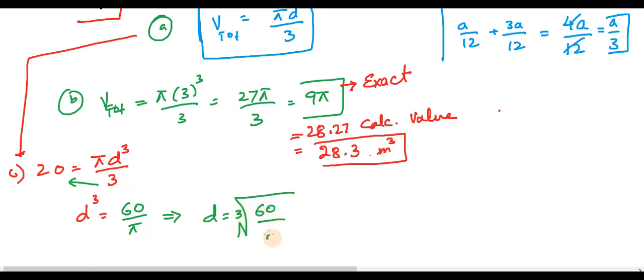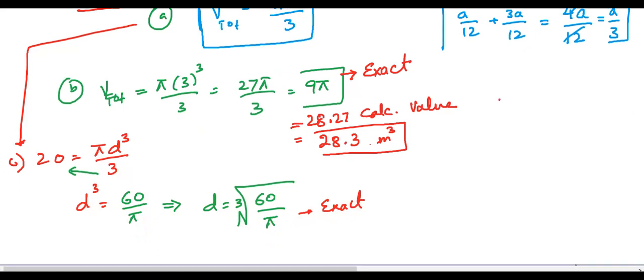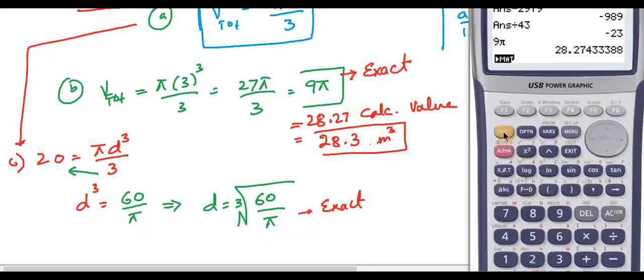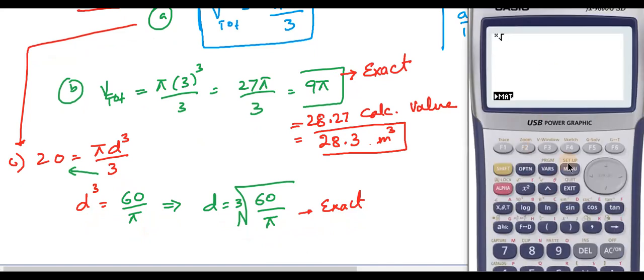Now this again will be the exact answer. If you want an answer which is correct to 3 decimal places, then this is how we type. This is any root here, we will use the cube root.